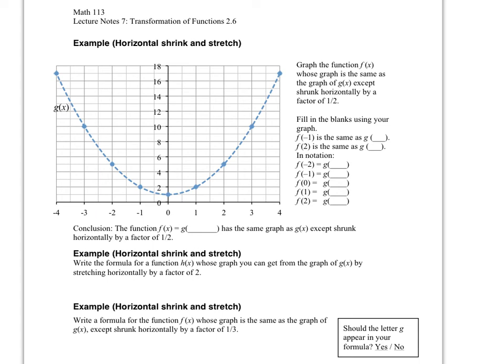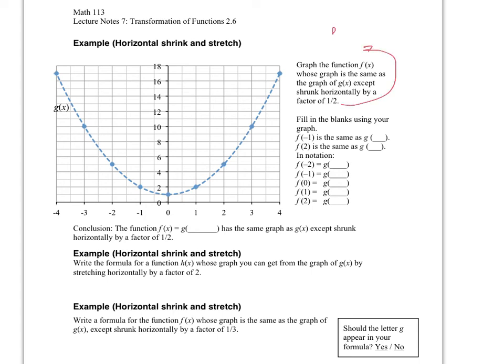So here it gives you the graph of g of x, and it's asking you to find a function f of x whose graph is the same as this, but is shrunk horizontally by a factor of 1/2. Now this is a little confusing when it's horizontal. So the function actually means this.